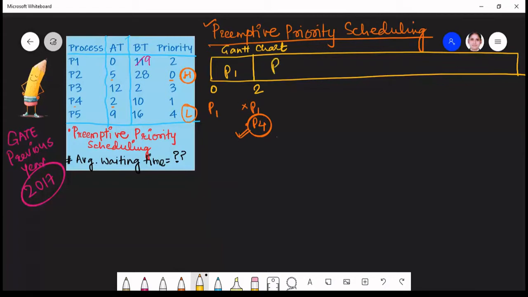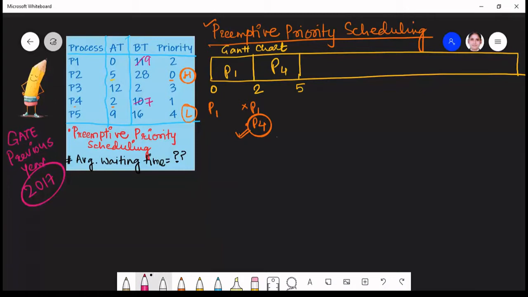How long is P4 going to run? Until the next higher priority process comes, and that is P2, which arrives at 5 milliseconds. So P4 runs for the next 3 milliseconds. 2 plus 3 is 5. The remaining time left is 10 minus 3, which is 7.